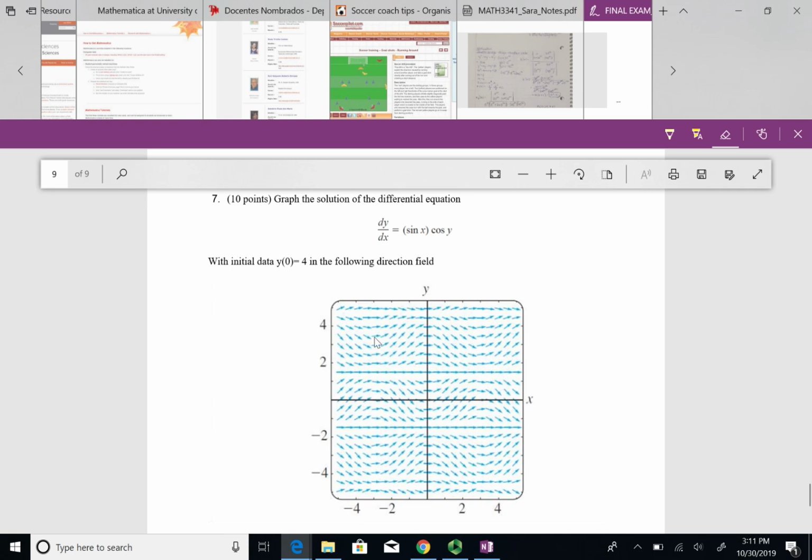These guys, that's probably pi, 3.14. So sine of pi is 0, right? Sine of pi is 0. That's why all these guys are supposed to be close to 0. Same thing here.